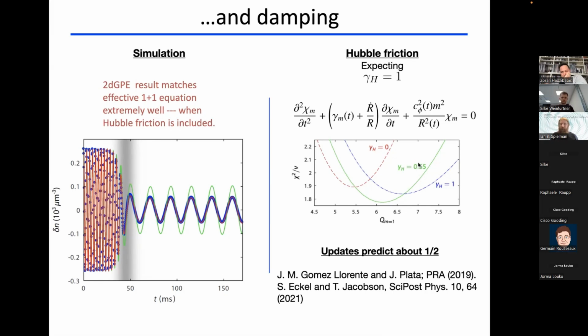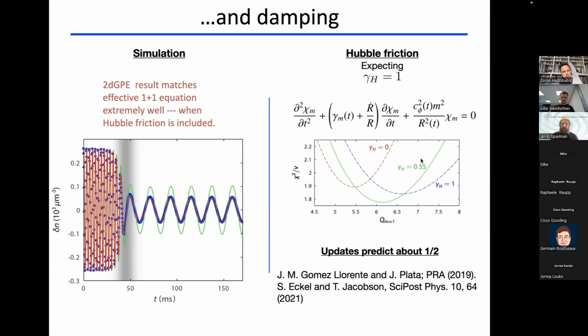Now, at the time, this was quite puzzling. We were expecting a value of 1. And within our statistical uncertainties, we, in fact, were not in agreement with that prediction. Subsequent theoretical analysis, both by a group out of Spain, as well as Steve and Ted, showed that actually our naive idea of it being 1 was invalid for the case of real three-dimensional condensates caused to expand.